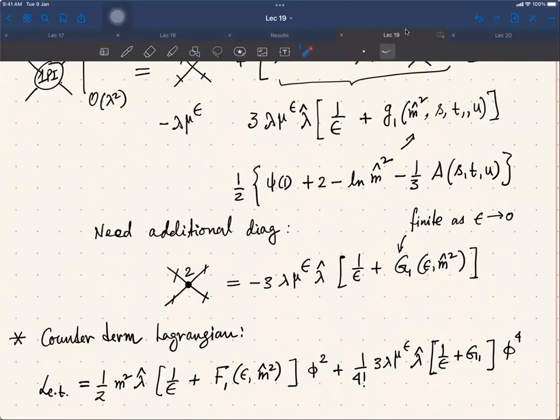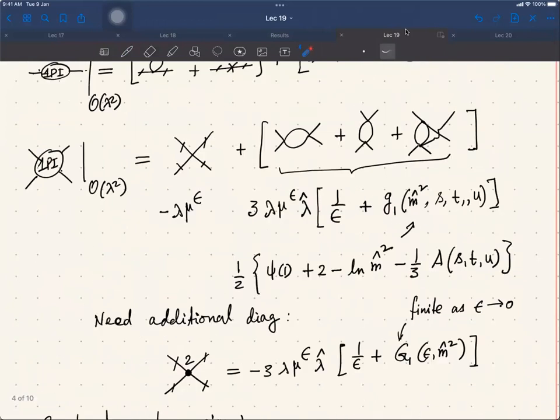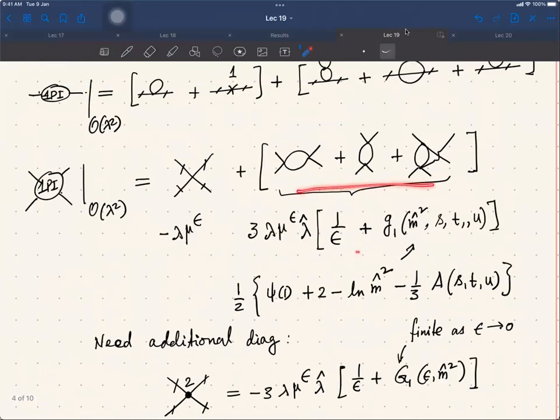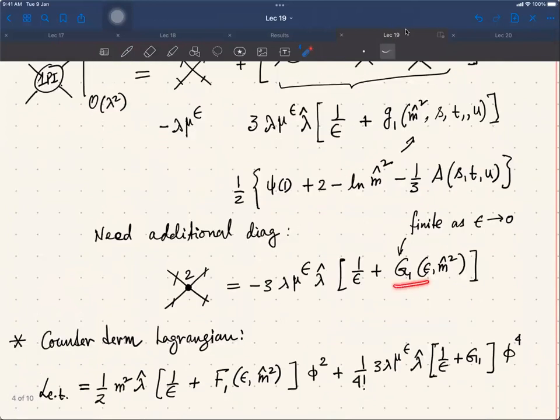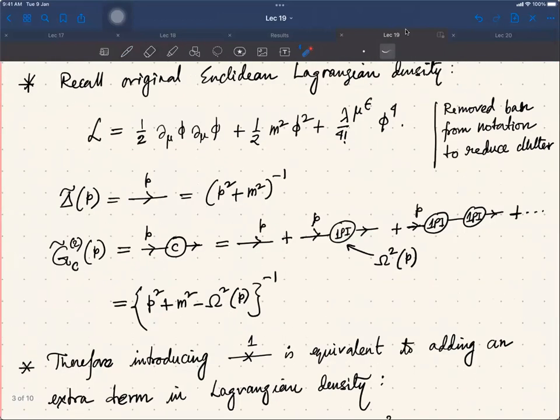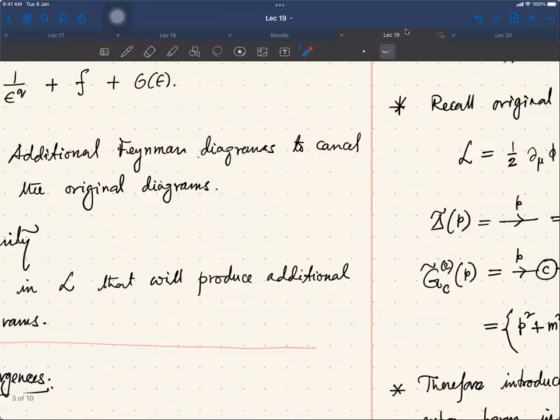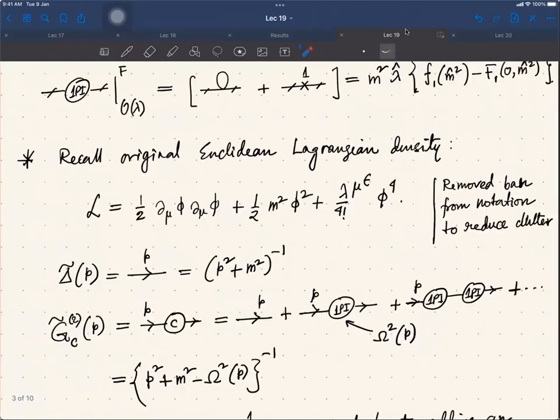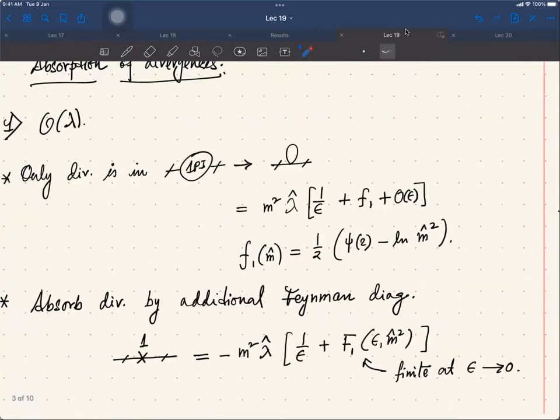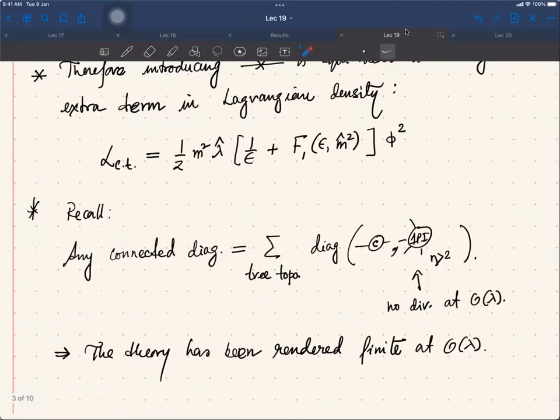So this small G1 is a finite piece calculated in the original Feynman diagram, and capital G1 is a finite ambiguity. So small G1 is known. Similarly, small f1 is also known. It's a specific function. But capital F1 is a finite ambiguity in the counter term.